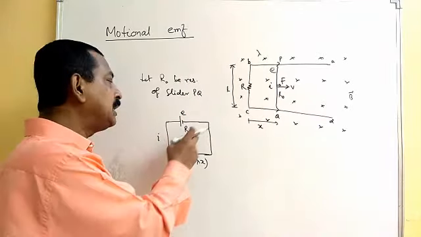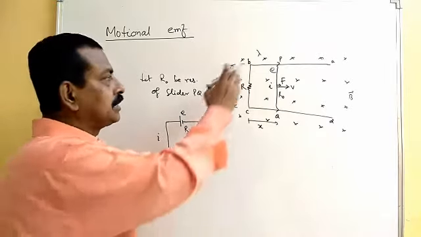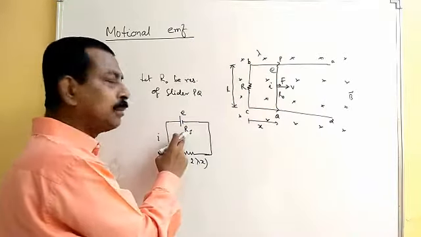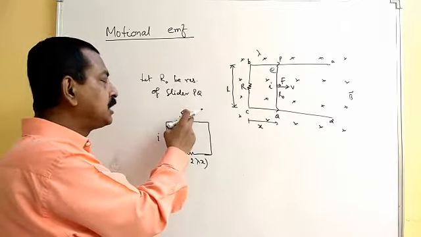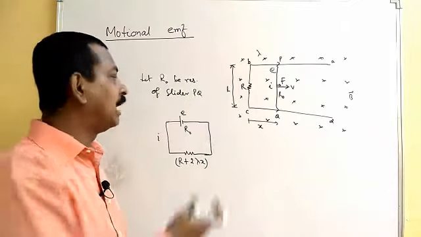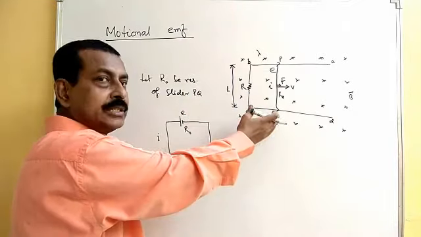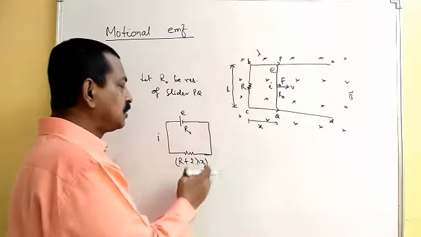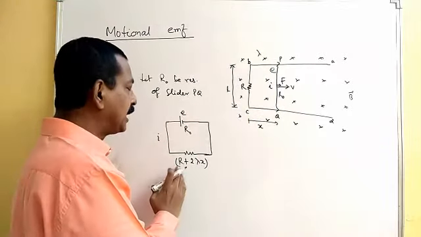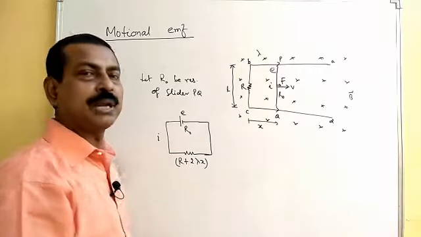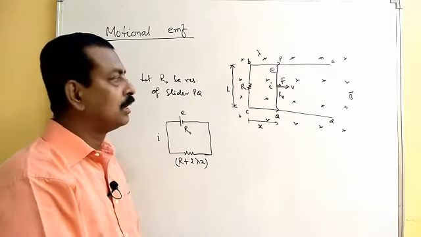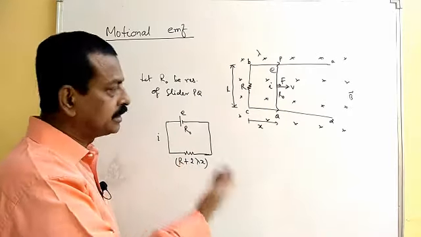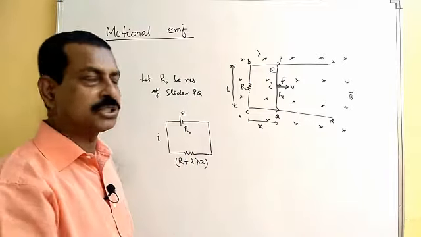The best part will be you just assume it like a cell with some internal resistance. This E is basically your BLV and this R0 is its resistance. And now it is the resistance of the external circuit, which we are taking as R plus 2 times lambda x. So you can get the desired things asked in the question.